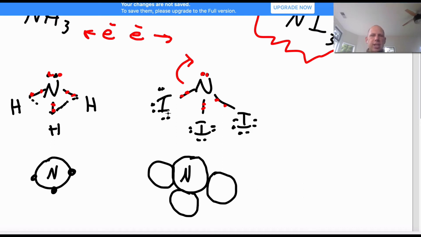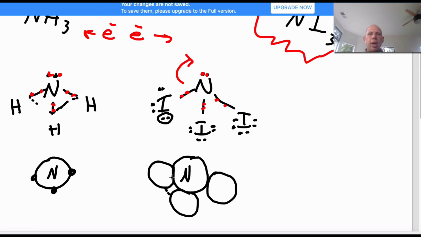And because these I's have lone pair electrons near them, because they're very close to each other, if you get them just a little bit closer, these electrons are going to repel each other. So what happens in nitrogen triiodide is the shape forces these three I's to get close together.